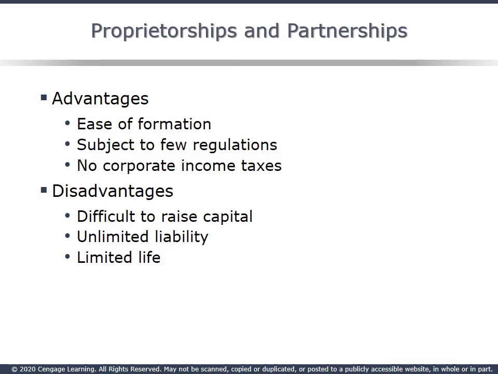The business pays no income taxes. Another advantage of the sole proprietorship is that it's easy to manage because you have only one owner, and that owner is responsible for making all of the important decisions within that firm.